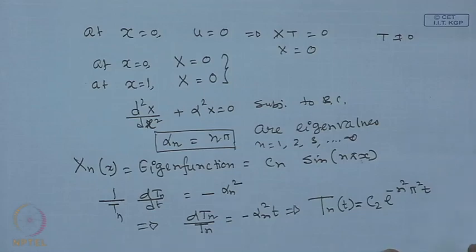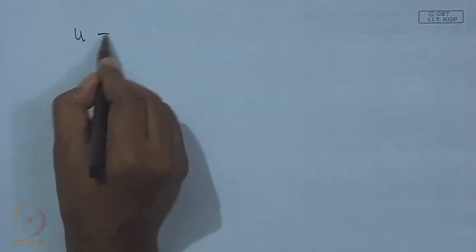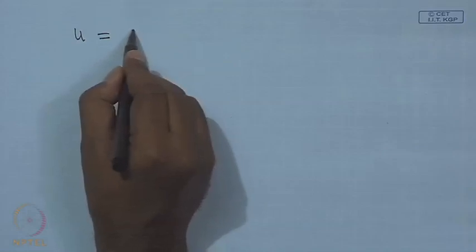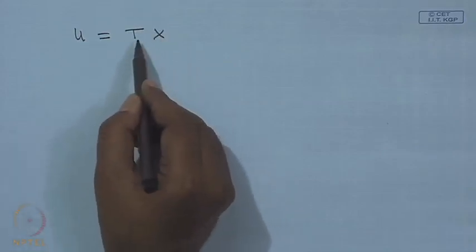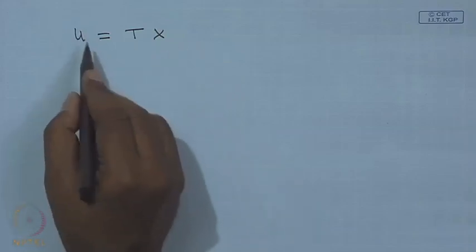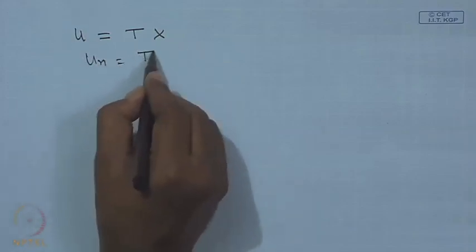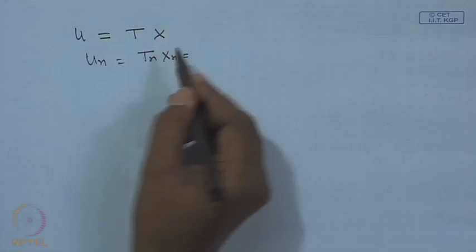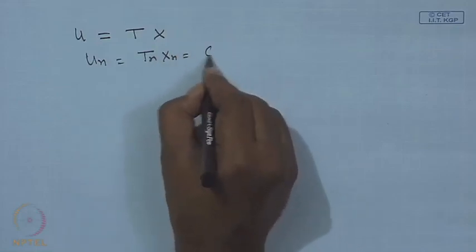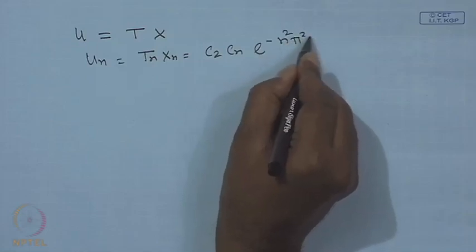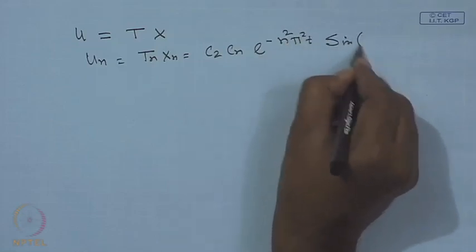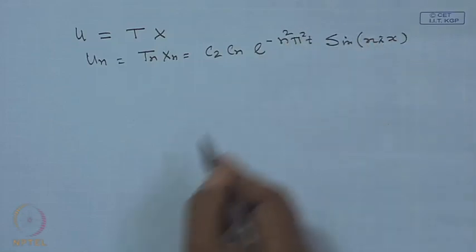Now, we construct the complete solution. If you remember, u was the product of T and X. So, for the nth eigenvalue, we will have u n is equal to T n X n, and this will be nothing but C2 multiplied by C n e to the power minus n square pi square t sin n pi x.